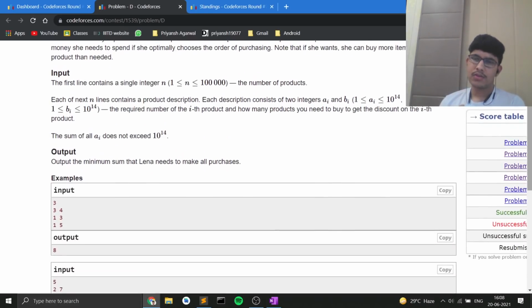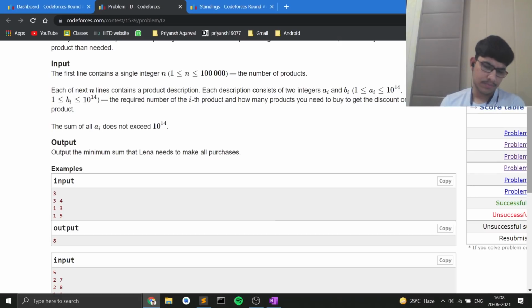Okay, so let's say I sort them all by their BI values. Then what happens?